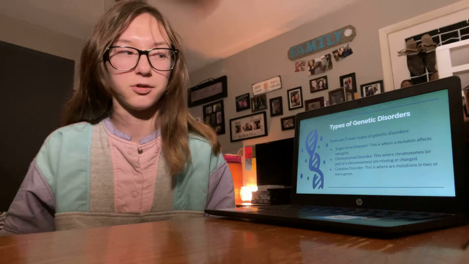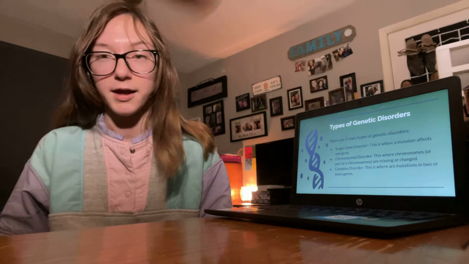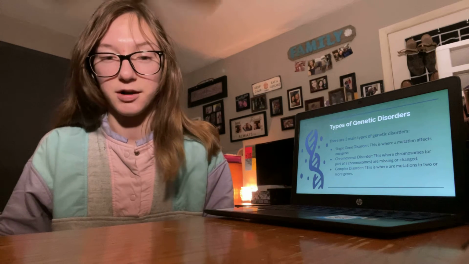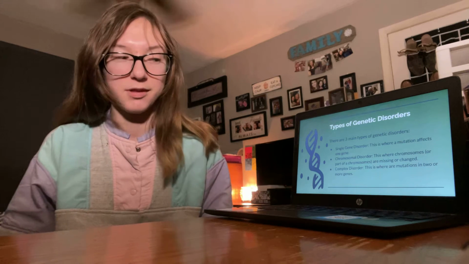So, there are three main types of genetic disorders. There is a single gene genetic disorder, and this is where the mutation affects one gene. There is a chromosomal disorder, and this is where the chromosomes are changed in some way, such as they're missing or there's multiple of them.